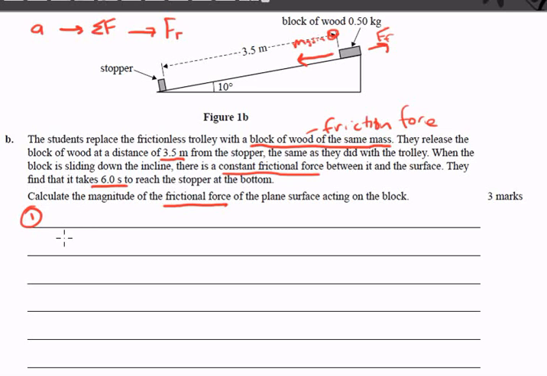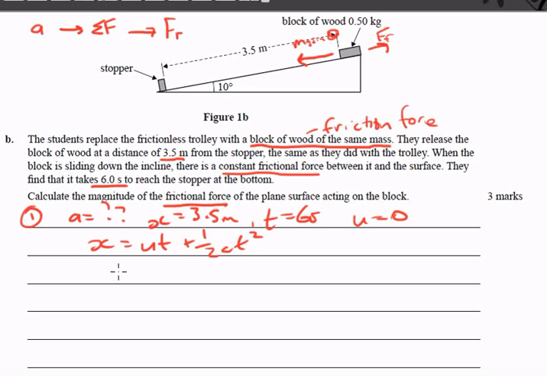I've got the acceleration equals question mark, don't know what that is. I know x equals 3.5 again, t equals 6 seconds in this case, and u equals 0. So same formula, x equals ut plus half at squared. u equals 0, so x equals half at squared.